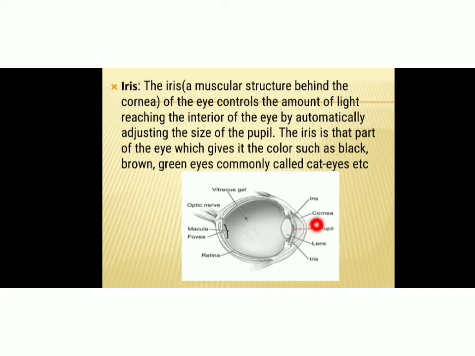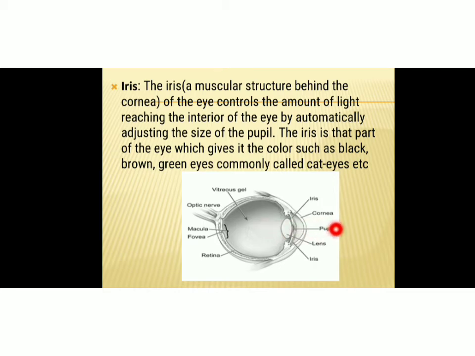And how does the iris control the amount of light entering our eye? By adjusting the size of the pupil. So what do you mean by pupil? The pupil is the central part of the iris, and the iris helps us control the size of this pupil.